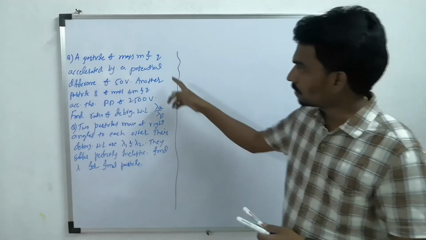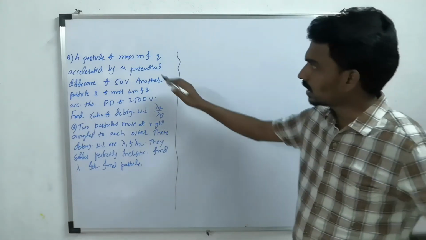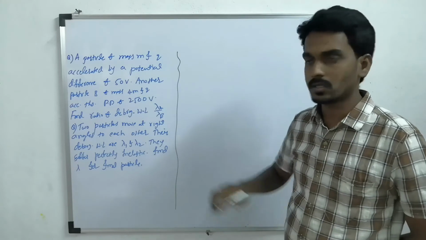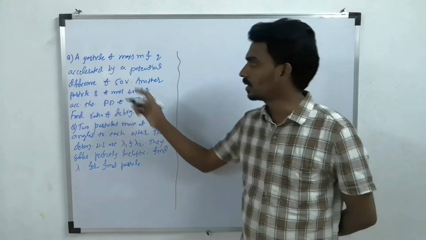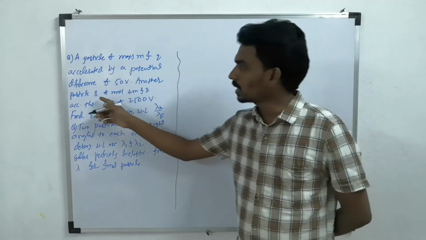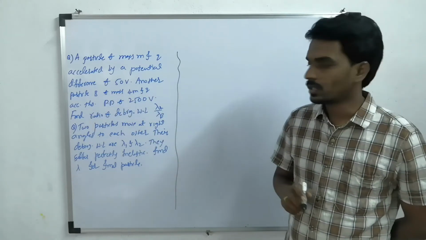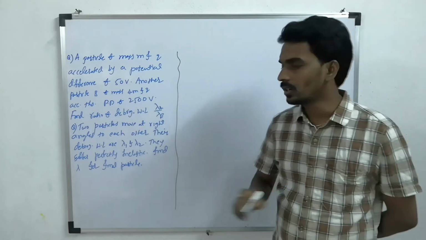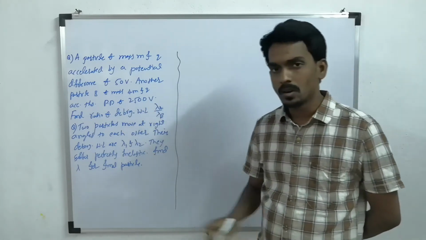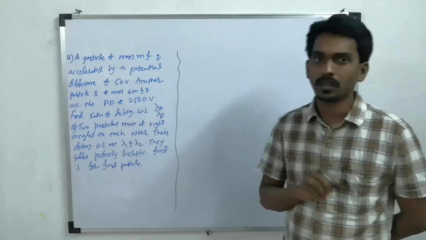The first question is: a particle A of mass m and charge q is accelerated by a potential difference of 50 volt. Another particle B of mass 4m and charge q is accelerated through a potential difference of 2500 volt. Find the ratio of de Broglie wavelength.